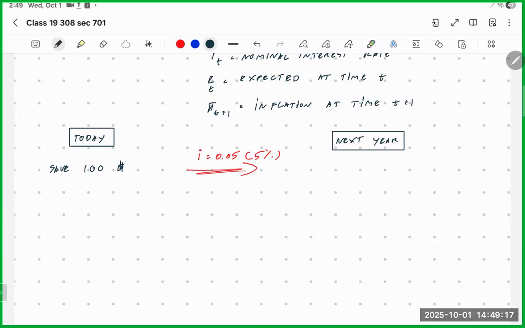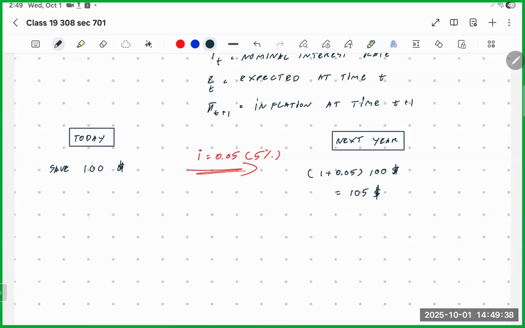Next year you're going to get 1 plus the interest rate multiplied by the money that you saved. So if you save 100 baht today at a 5% nominal interest rate, you're going to get 105 next year. Your money is increasing, right?